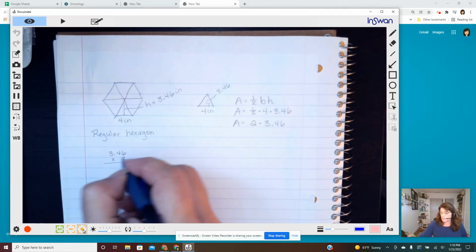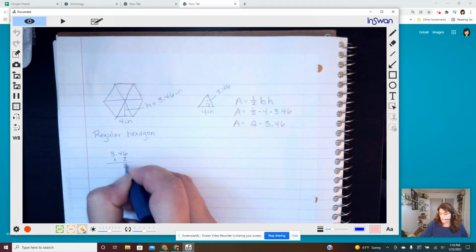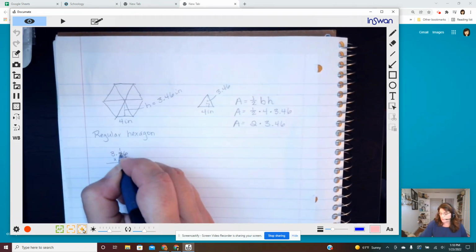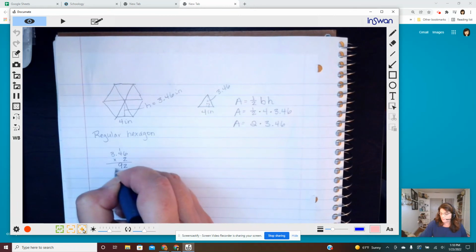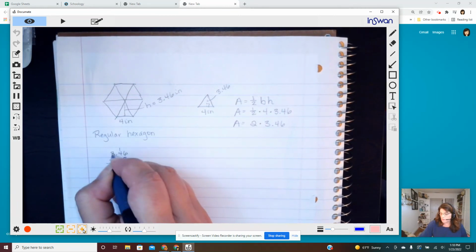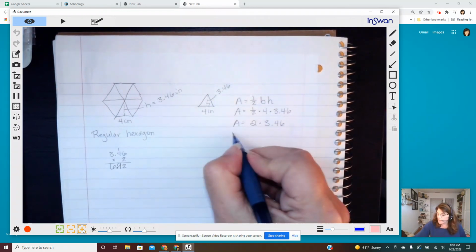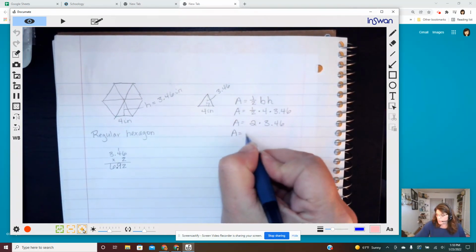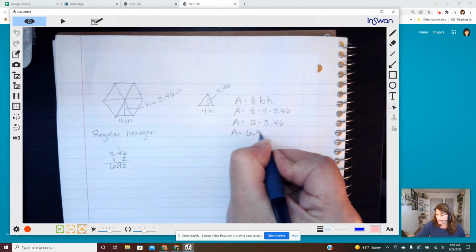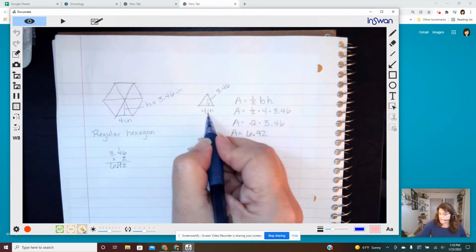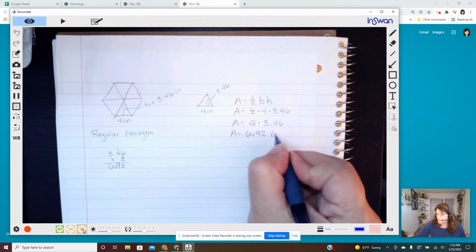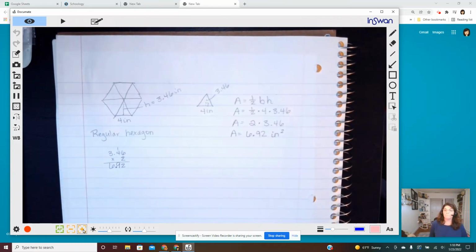Keep up your multiplication skills. 6 times 2 is 12. 8, that's 9. 2, 6. I have a total of 2 decimal places. Area equals 6.92. This is inches. Square inches.